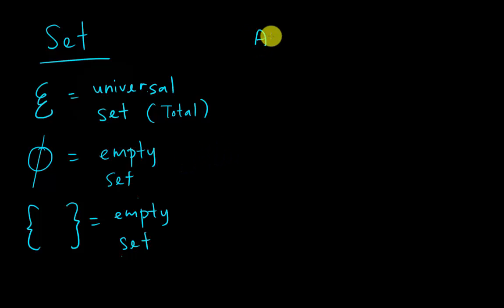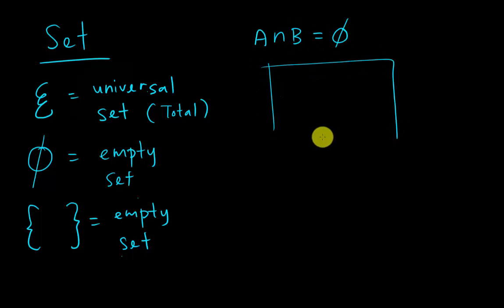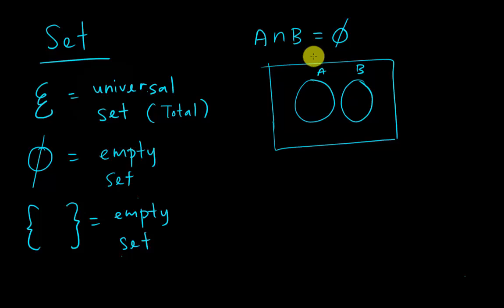If I say A intersect B is the empty set, that means in the diagram itself, A and B cannot intersect. Empty set means there's nothing. A intersect with B is empty, and the whole thing over here is just the universal set, meaning it's everything.